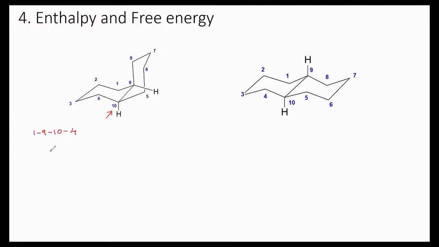Okay. Similarly, there is a gauche butane unit between 9, 10, 4, 3. Again, there is a gauche butane unit present between 10, 4, 3, 2.